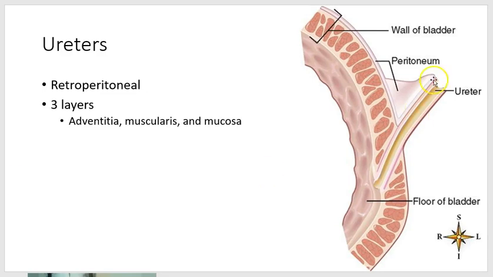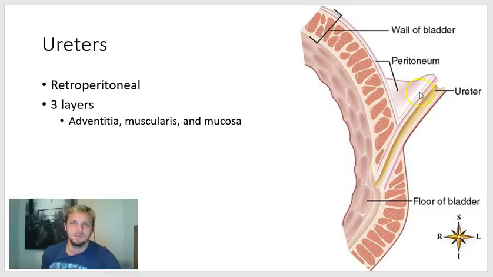So you're going to have an adventitia, which is similar to the serosa that we saw in the gastrointestinal tract. Then you have a layer of smooth muscle called the muscularis, and then finally the mucosa, and this epithelium is going to be transitional, so it can stretch.